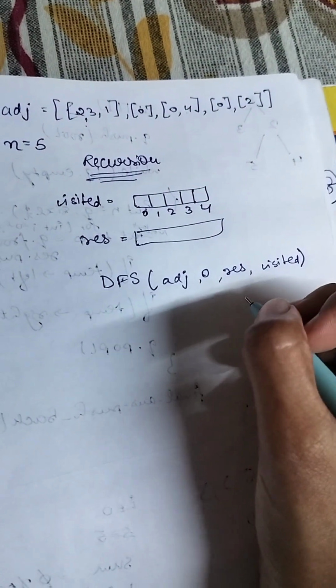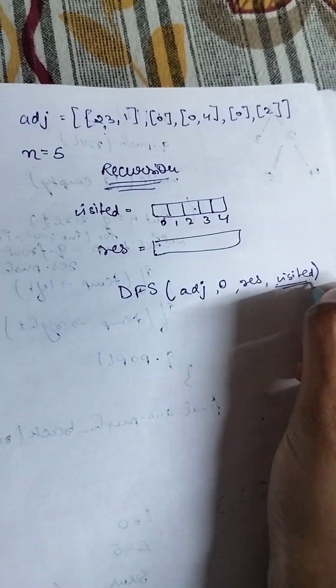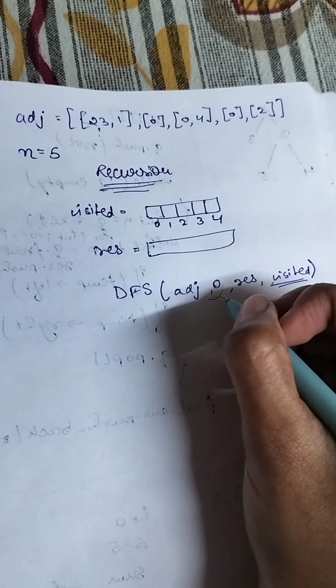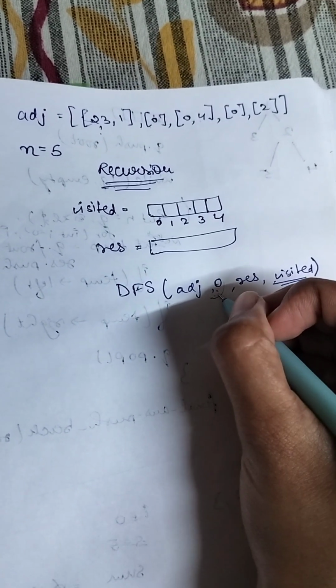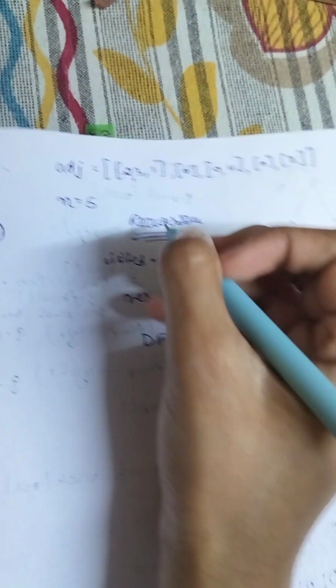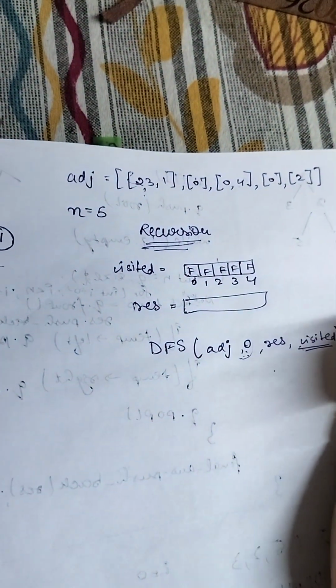Now I'm going to make a function. In this visited one, this is my index. I am going to traverse from this node, so to traverse from this node, I will make this true. Initially, I forgot to tell, all these are false because none of the nodes are traversed.